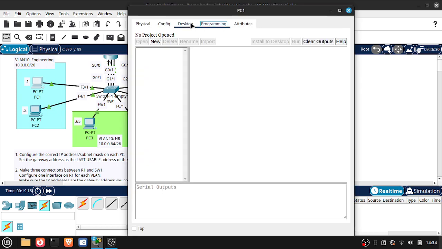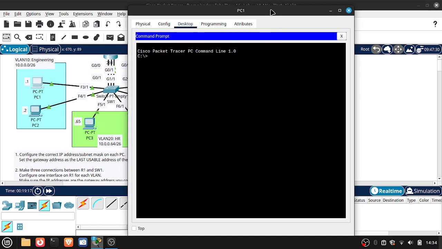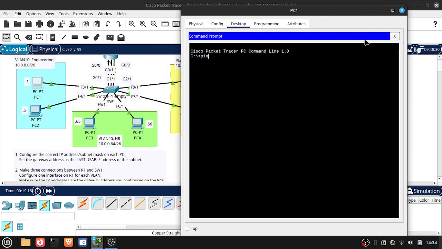Okay, PC, desktop, command prompt, ping 10.0.0.65.